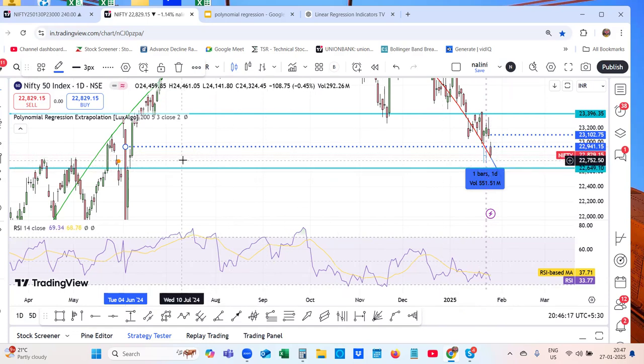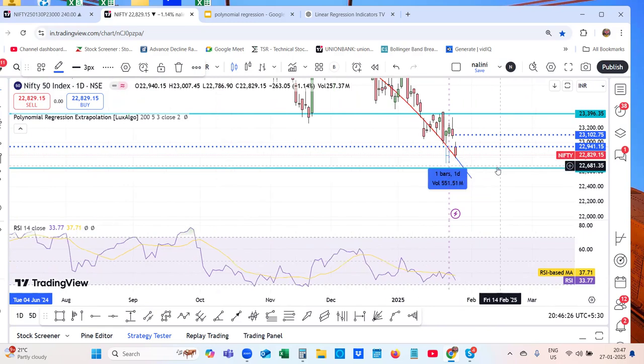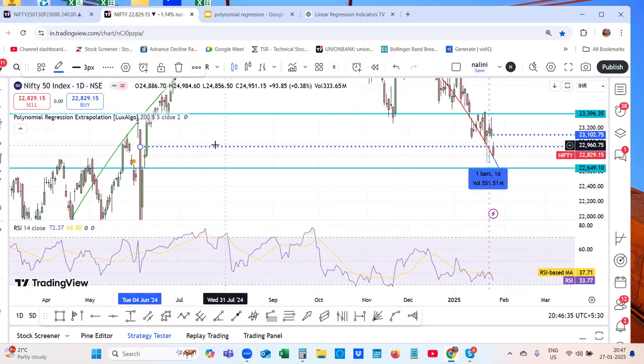So the order block is here. Market has come inside the order block. Suppose if it turns around tomorrow and closes above this line, this is the order block.